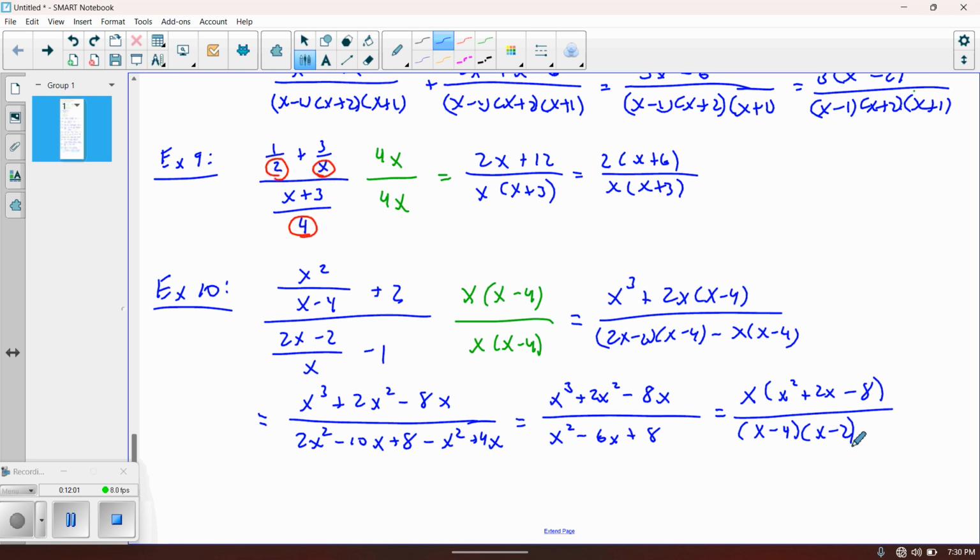Combination of a 4 and a 2. Yes, it does. So we're going to have x times x, it's going to have to be a 2 and a 4. The 4 will have to be positive and the 2 will be negative, divided by x minus 4, x minus 2. And lo and behold, after all that, the x minus 2's are actually going to cancel out.